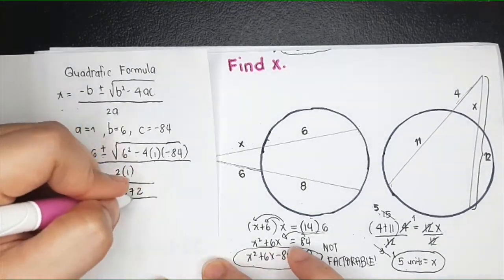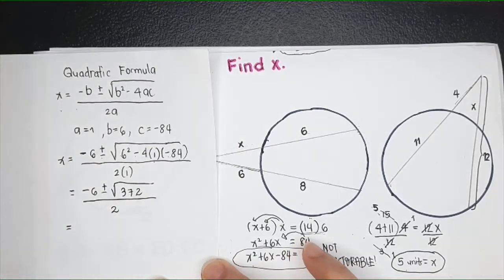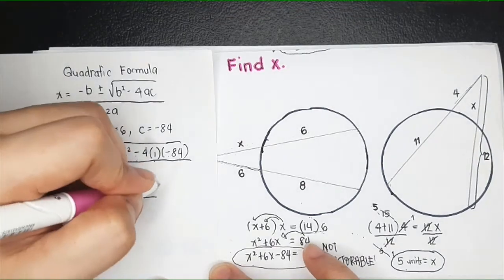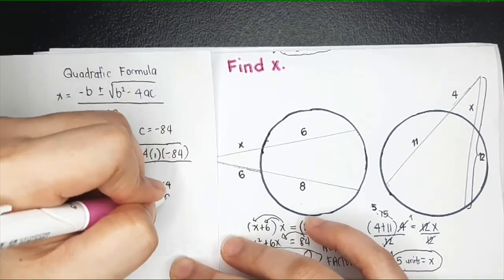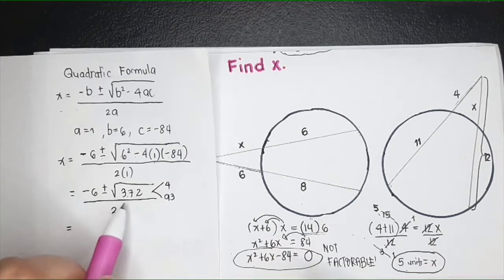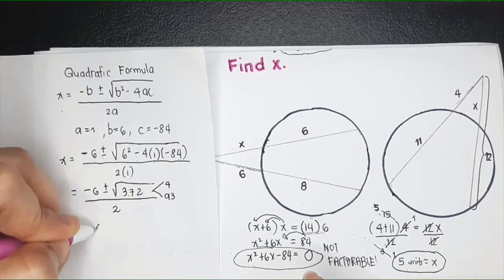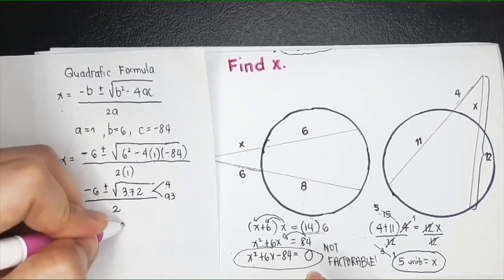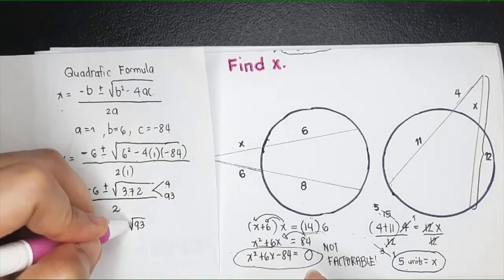Divided by 2. So, simplifying further, yung 372, it's 4 times 93. Yung 4, perfect square yon. So, pwede nyong ilabas yon. So, you have negative 6 plus minus, what is square root of 4? 2. Then, you'll have 93 inside the radical sign.